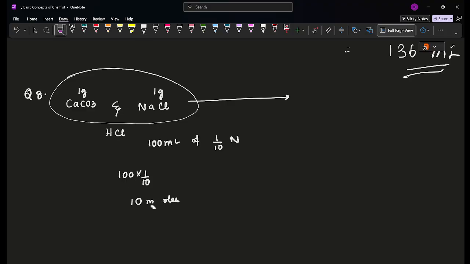So 10 millimoles divided by 1000, we have 0.01 moles, which should be equal to 1 by 100 into V plus, 1 by, how should we get it here?